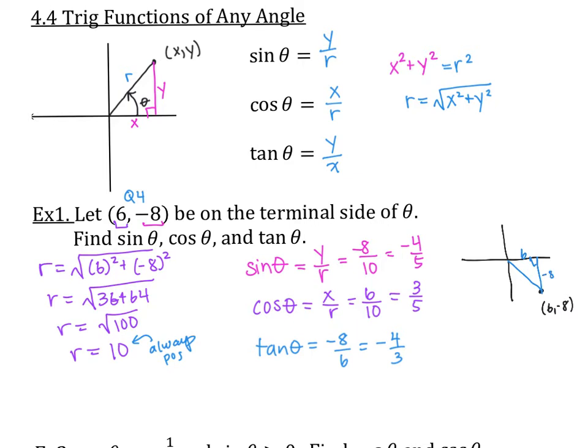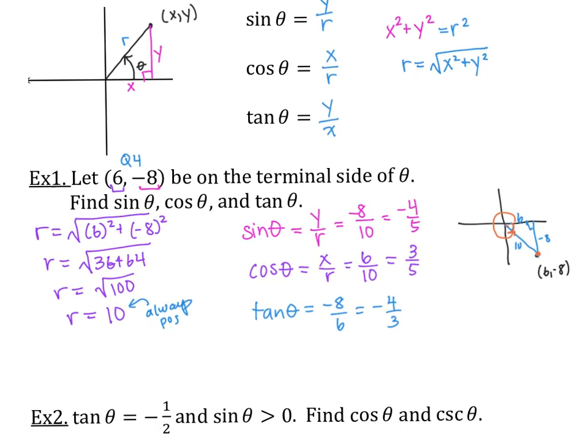And then if I use the Pythagorean theorem to find the r, it would be 10. The angle I'm looking at is, I'm actually considering theta being this full distance, but because the ordered pair for this is the same as this angle, I would use this angle to find sine, cosine, and tangent. I would get the same answer, but you don't have to draw a picture. You can always use the formulas instead.